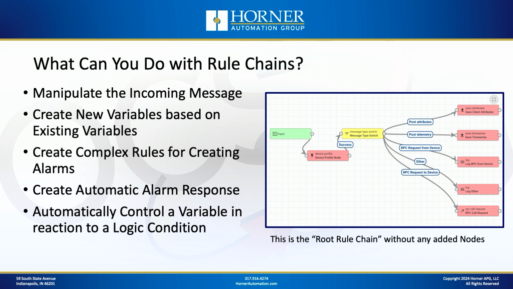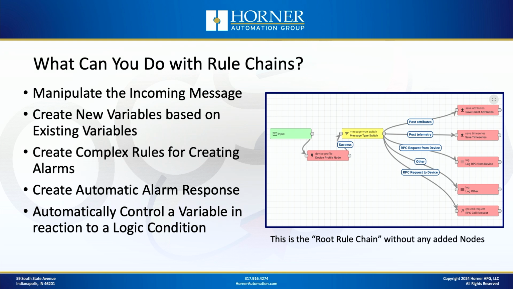You can also create some really complex rules for creating alarms. That's another thing you can do with it. You can create an automatic alarm response by OCS 360 when an alarm occurs, if you wanted to do that as well. You also can automatically control a variable in reaction to a specific condition.